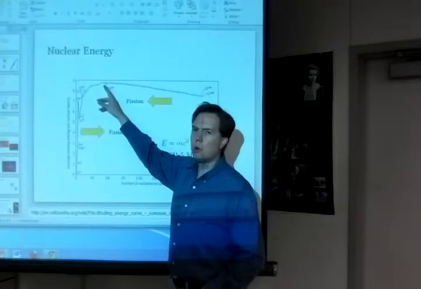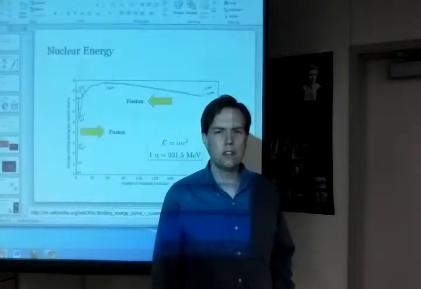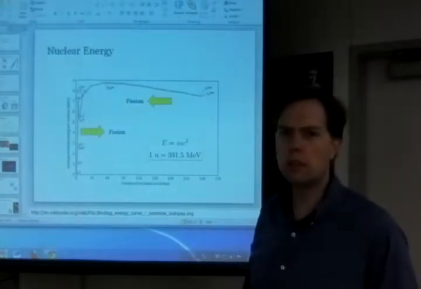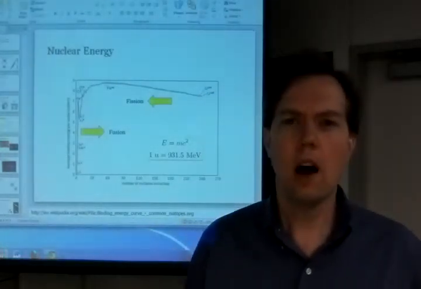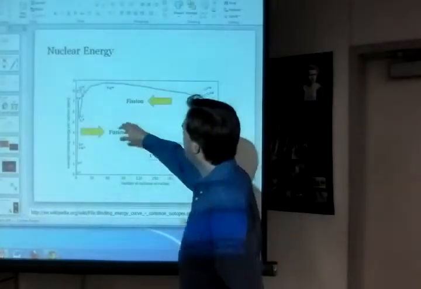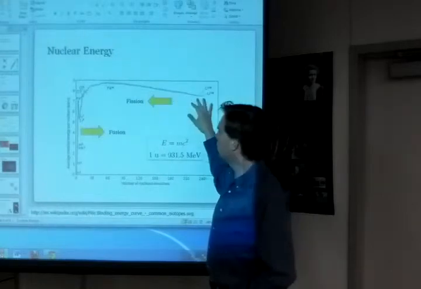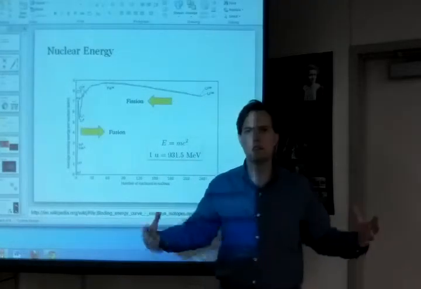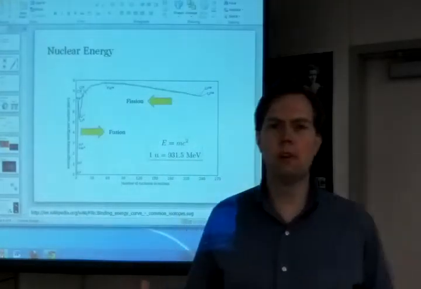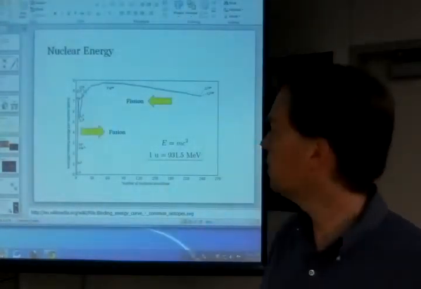The one with the strongest binding energy is actually iron. Iron-56 is the nucleus with the very highest level of binding energy. Then things start to fall a little bit as you get into larger and larger nuclei, just because the nucleus is so bulky that the binding energy falls as a consequence.